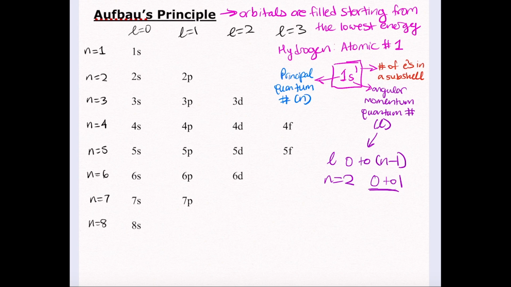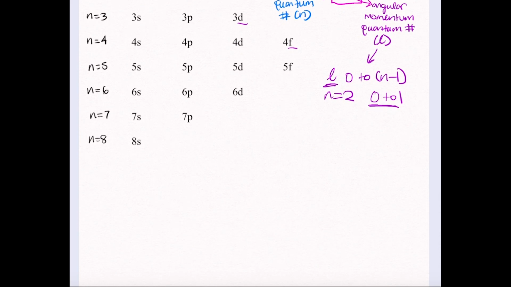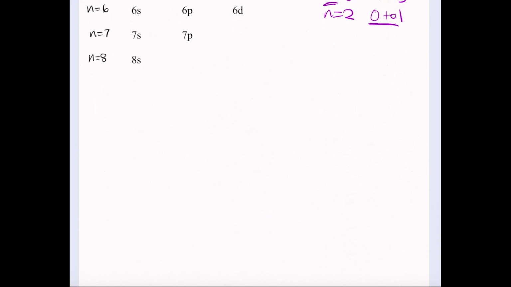Like I said before, because L is describing the shape of an orbital, it is designated by these letters, s, p, d, and f. L being 0 is s, L being 1 is p, L being 2 is d, and L being 3 is f. So that is the background I wanted to give on what this notation means. Now, let's jump to a few examples, shall we? I'm going to put some examples here.